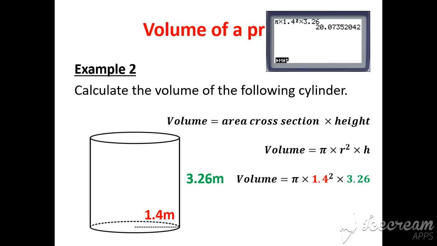We grab our calculator and type in pi times 1.4 squared times 3.26, and we round our answer sensibly. I'm going to round it to 2 decimal places and get 20.07 meters cubed. Now remember, think about a cube that's 1 meter by 1 meter by 1 meter. I would need just over 20 of those cubes to fill up the space of the cylinder.